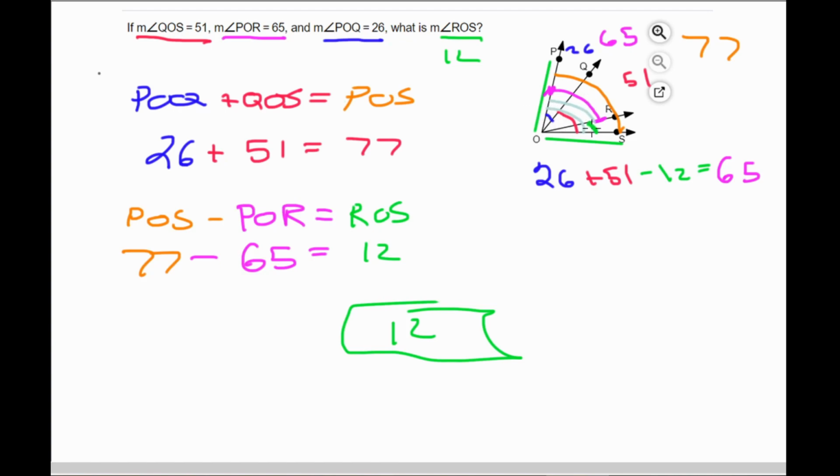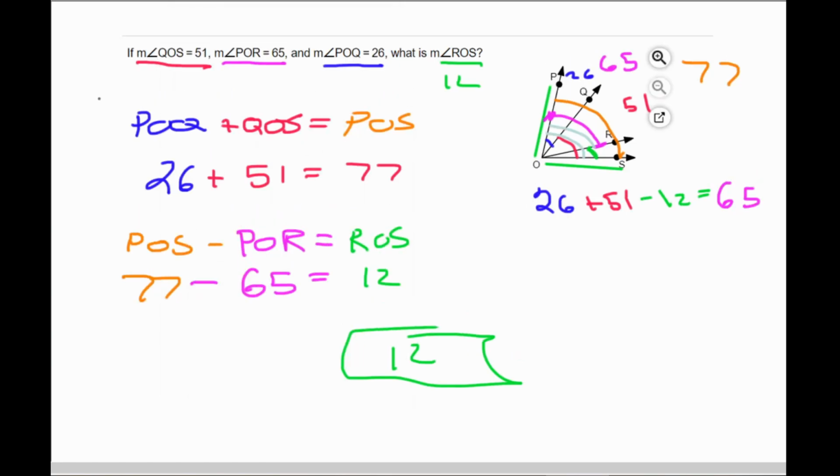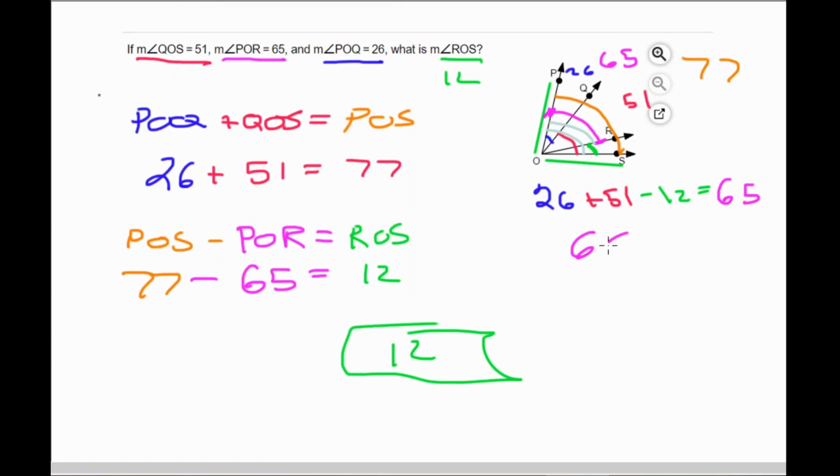And if I pull out my green line that I found, if I get one of my other given angles, my 65, then I have done this correctly. So I'm going to bring up the calculator. And I'm going to do 26 plus 51 minus 12, and I get 65. And as we all know, 65 is in fact equal to 65.